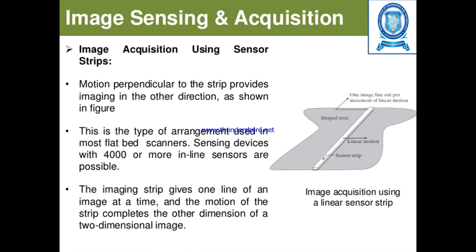The best example is an image sensor strip, which is moved in linear motion. This is mainly used in flatbed scanners, where sensing devices with 4000 or more in-line sensors are implemented. We can move either in one or two dimensions using these line strip sensors.